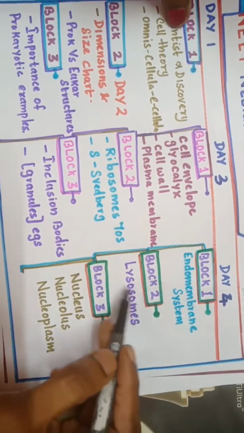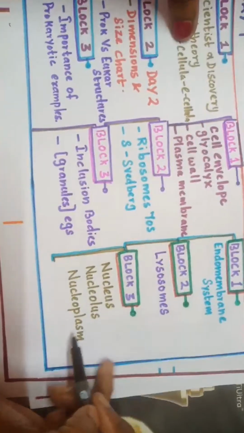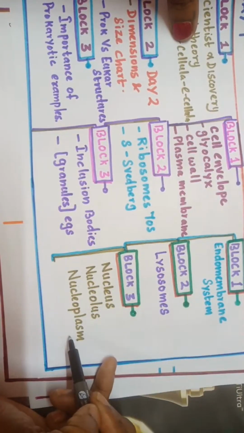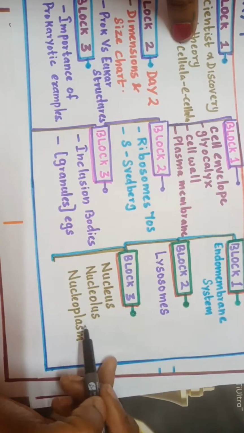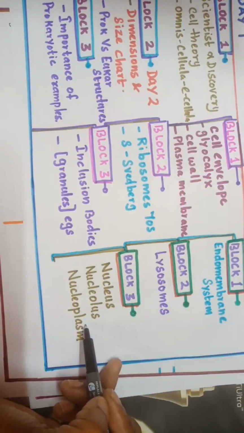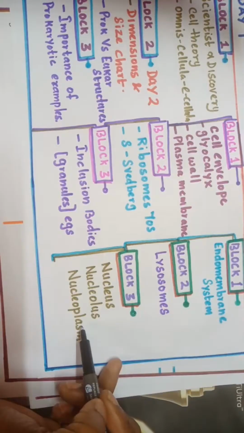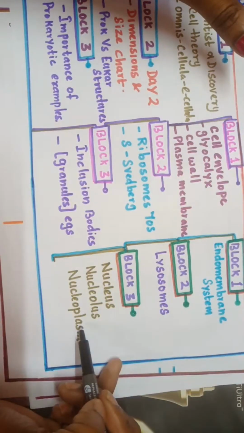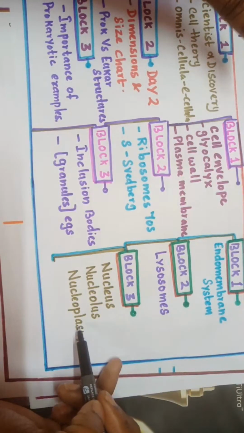From which organelle lysosomes are formed? And third, nucleoplasm consists of dash and dash. Okay, it consists of 2. If you know the answer, leave the answer in the comment section. Suppose if you don't know the answer, you wait. Once we complete the session, you type the answer and say you locked in.